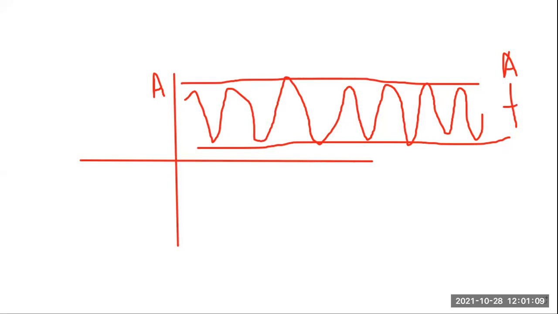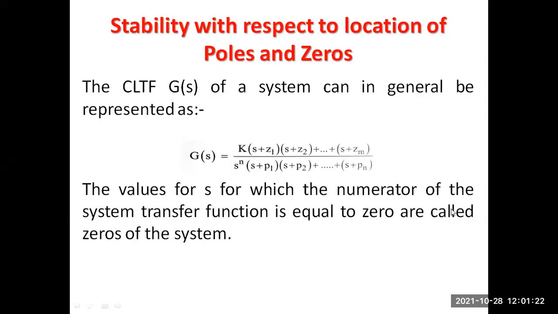Now it is clear? Yes, sir. Clear, sir. Okay. So now we'll come to the point: what are poles and zeros? Any idea on the poles and zeros of any system?